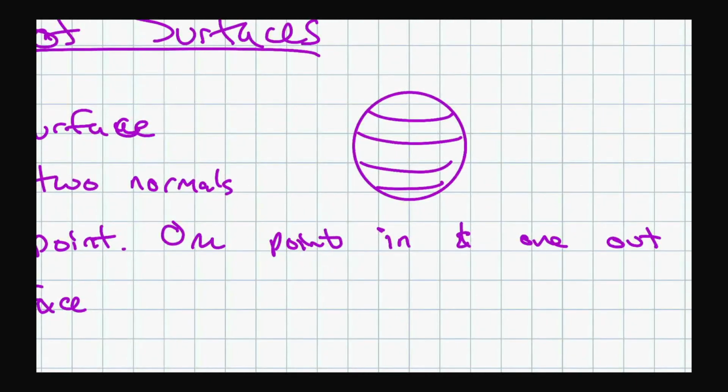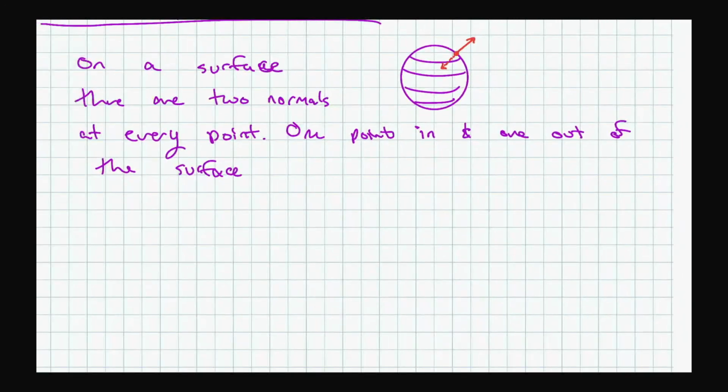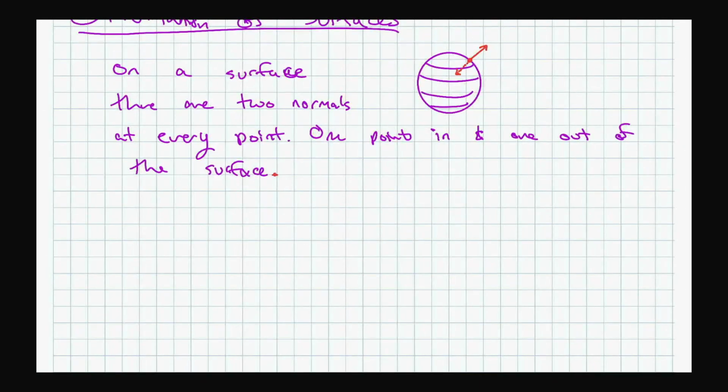Right? So like if you're right here, you can go out. But also the opposite direction, which would point to the interior of the sphere, is also a normal, right? So yeah, so we have that. At least if this is the case, then we can talk about the differences between these. Usually you differentiate between them by saying one points inside, one outside, or one points up and one down.